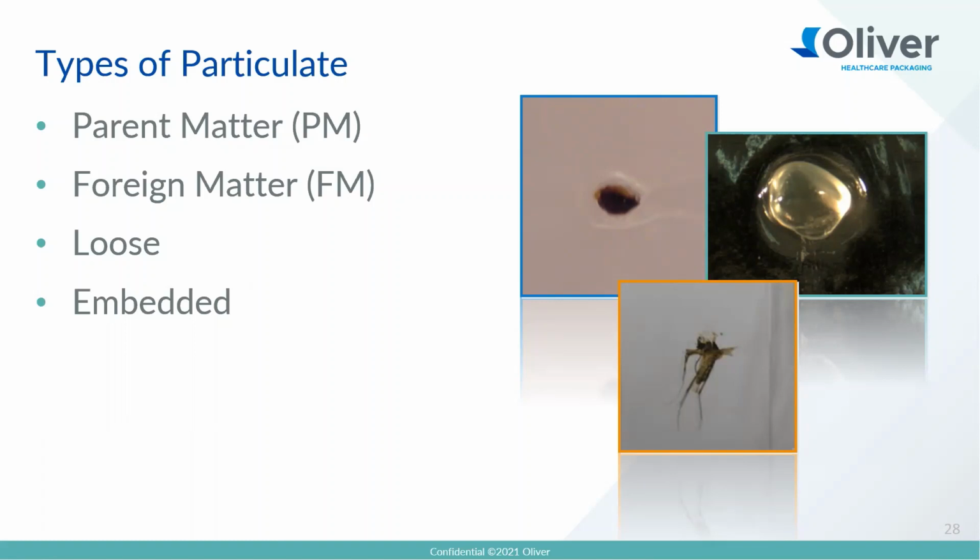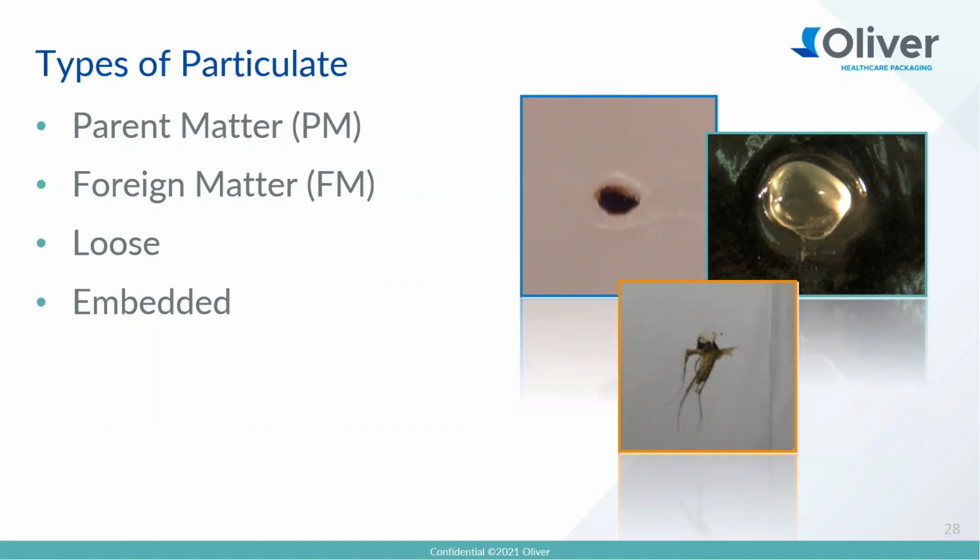Yes, I would agree with you that parent matter, with common examples that you mentioned being carbon and gels, are parts of the materials themselves, and they're often embedded into the materials. For example, they can be trapped in the surface, or trapped between lamination structures of a film or foil lamination.